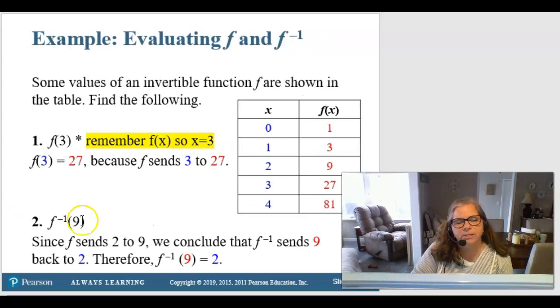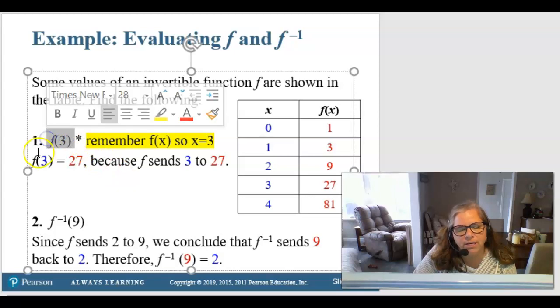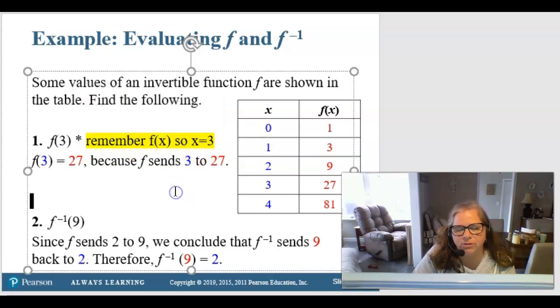Sorry, we're clicking through these slides here. So let's evaluate a function of f and the inverse function. It's asking us to look right here at the function of 3. Remember that the original notation is a function of x, so that is implying x is equal to 3. So we look over here in the column and we find x is equal to 3, and we find that the output is 27.